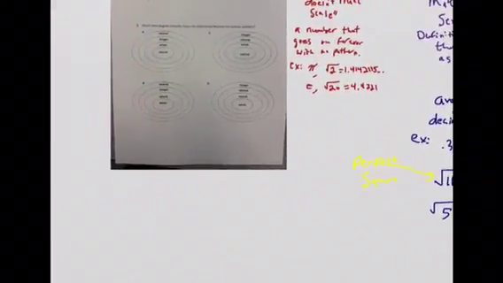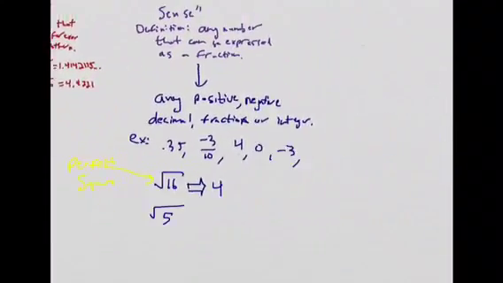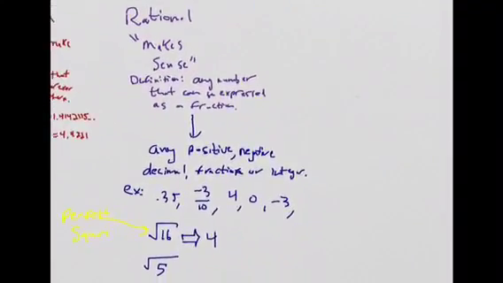Okay. Now, within rational numbers, there are more specific types of numbers. So it goes rational, and more specific, a smaller category, are integers.